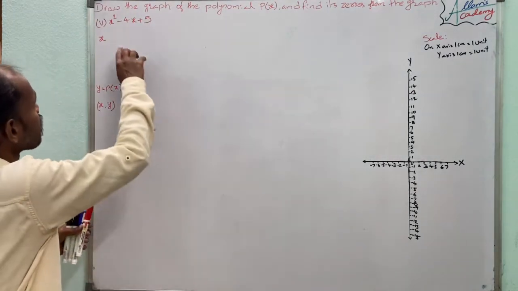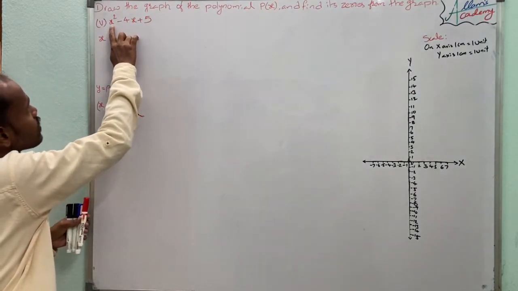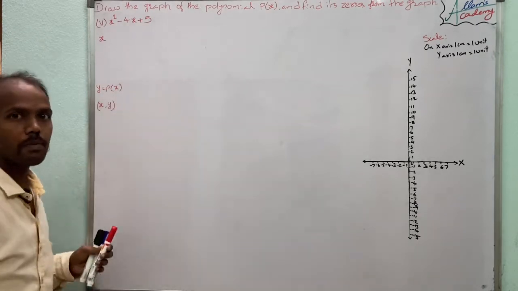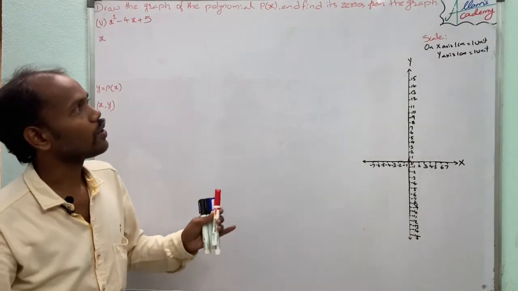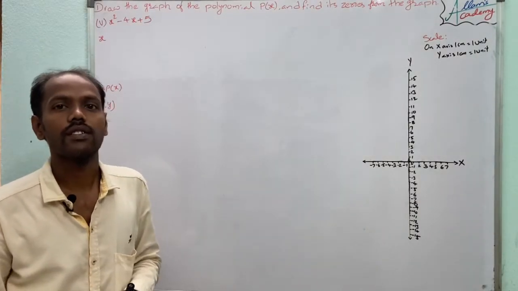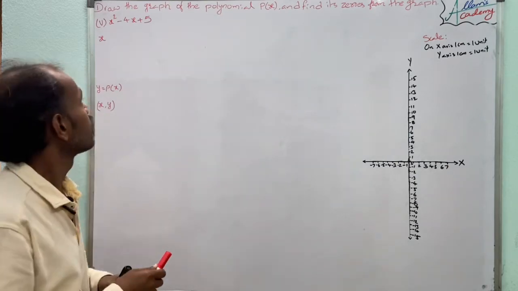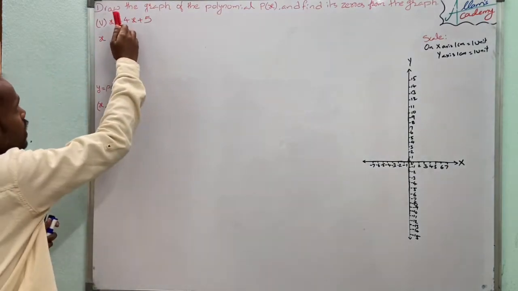Next one, for finding the zeros of the polynomial x square minus 4x plus 5 through the graphical method. For this, we find the corresponding y values for the x values.